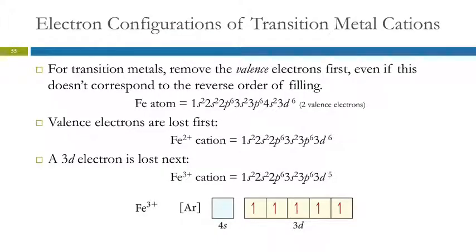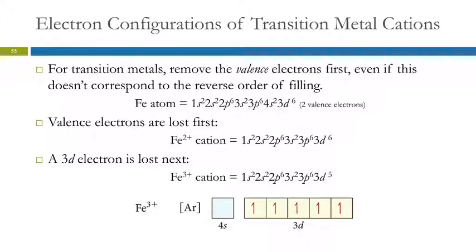For the transition elements, the transition metals, we're not going to necessarily go with reverse order of filling. We're going to remove the valence electrons first and then reverse order of filling. So looking at iron, here's iron's electron configuration. These are the valence electrons right here.